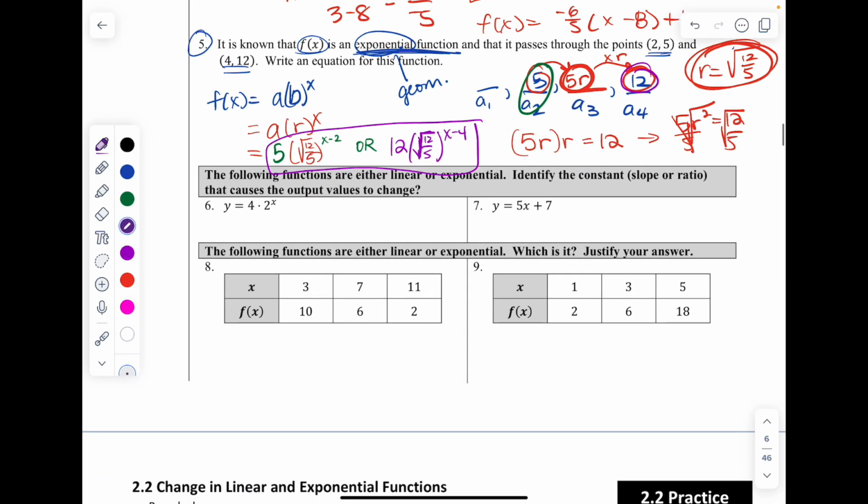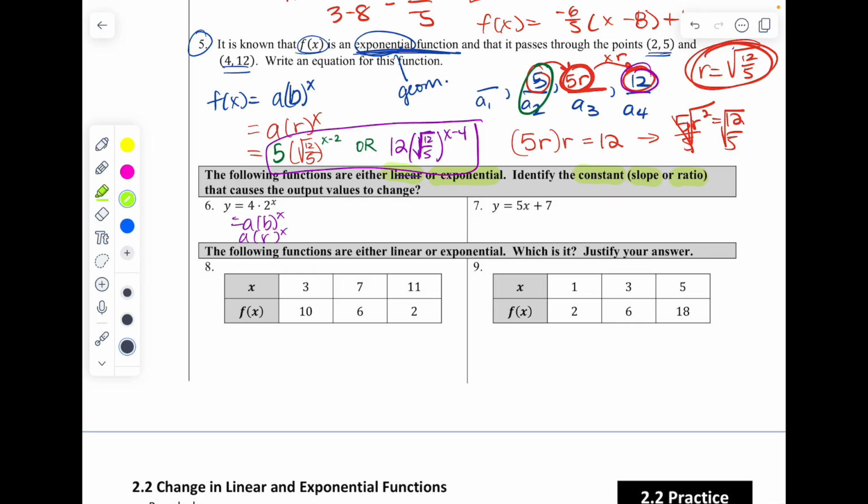So number 6, it says the following functions are either linear or exponential. Identify the constant, either slope or the ratio, that causes the output values to change. So here I can see really quickly that this is geometric because it looks like a times b to the x, or a times r to the x power.